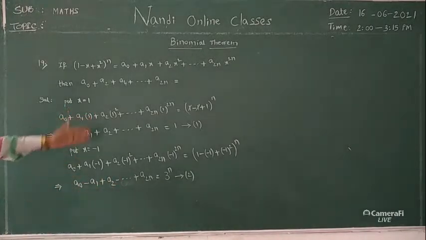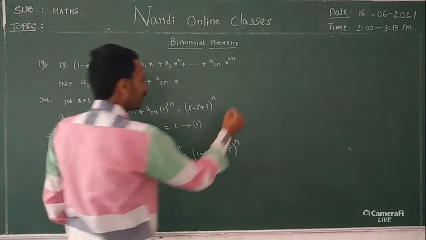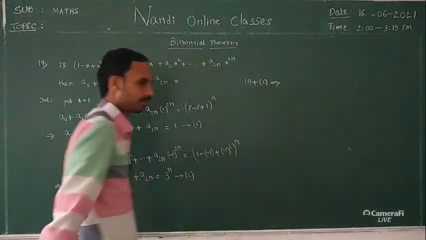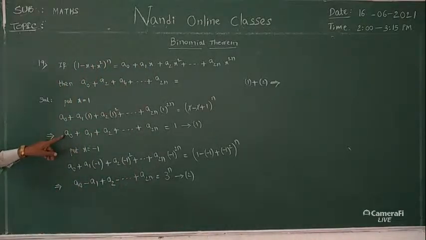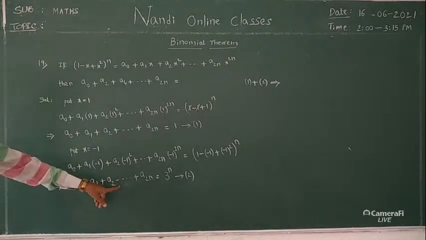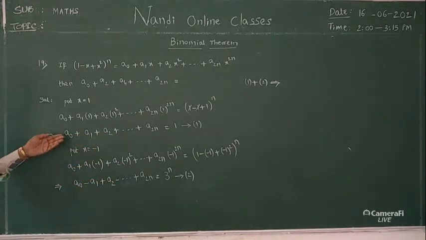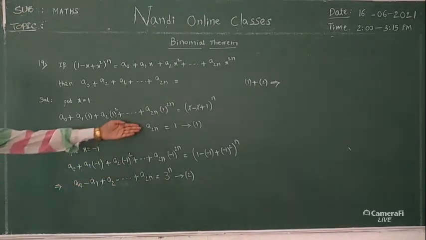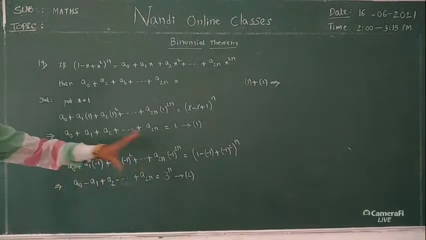Okay, add these two equations. Equation 1 plus equation 2. This is equation 1, this is equation 2. Add: plus a1 minus a1 cancel, plus a3 minus a3 cancel, like that. What remains is a naught plus a naught 2a naught, a2 plus a2 2a2, a2n plus a2n 2a2n.